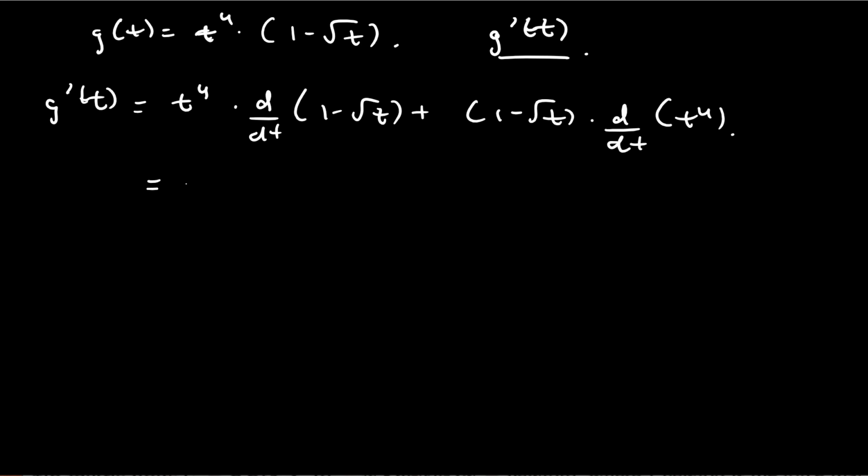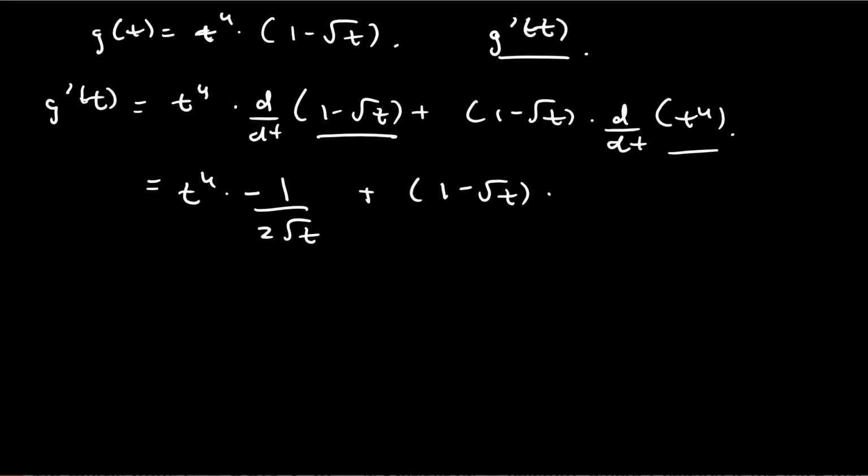which is t to the 4th multiplied by the derivative of this, which is going to be minus 1 over 2 square root of t. We've already done a few examples with the derivative of the square root of t, plus 1 minus root t times the derivative of t to the 4th, which is just 4t cubed.